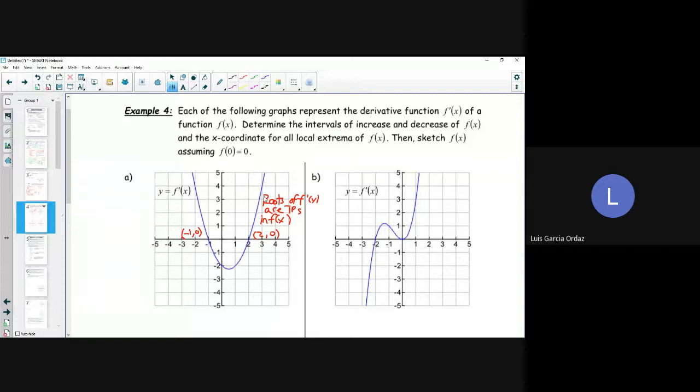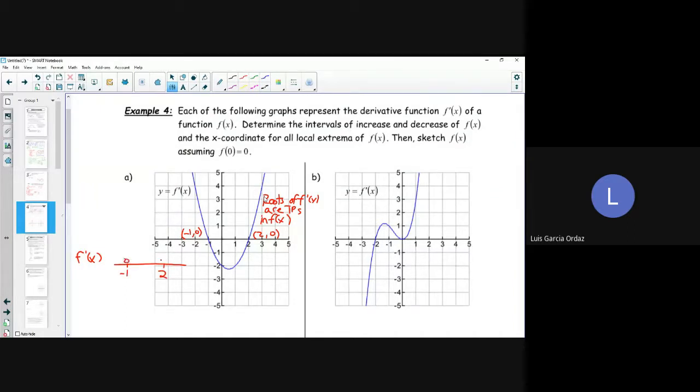So that means at negative 1 and 2 in my original function, those were considered to be turning points. So based off of my derivative function, I know that my roots are negative 1 and 2.